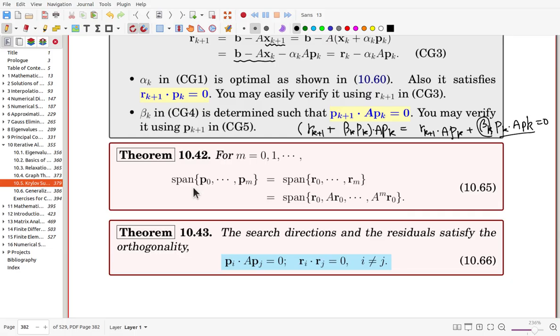As m increases, the subspace is enlarged, becoming bigger and bigger, but each stage makes a subspace, which is called a Krylov subspace. So the method is like expanding the Krylov subspace and then finding the search direction with this property: all search directions are conjugate, and also the residuals are orthogonal.